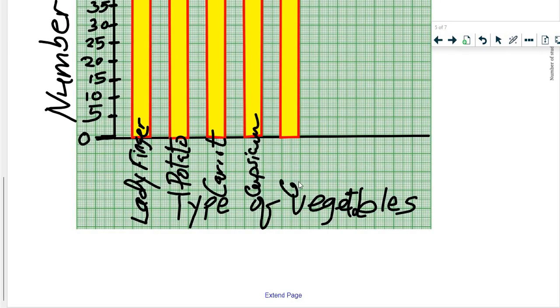And then the last one was cabbage. Okay? So this is what we call a bar graph.